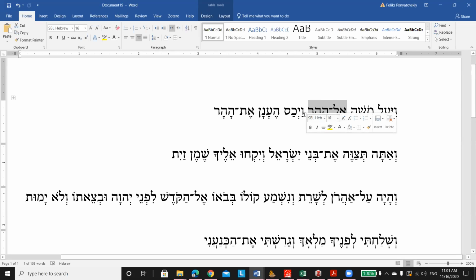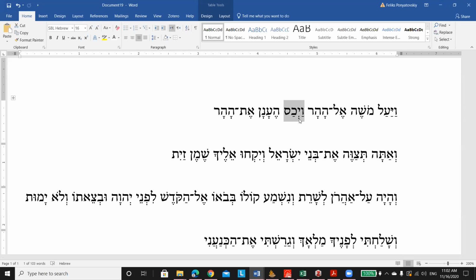Okay, now look at this one. Do you see Yud? Yud has Shiva. And Shiva is an indicator that it is a Piel stem. Yes, and of course, this one is just a prefix and Vav.